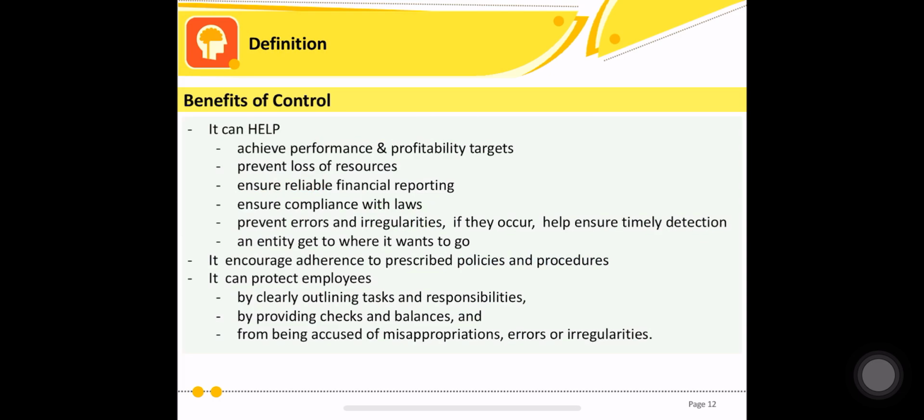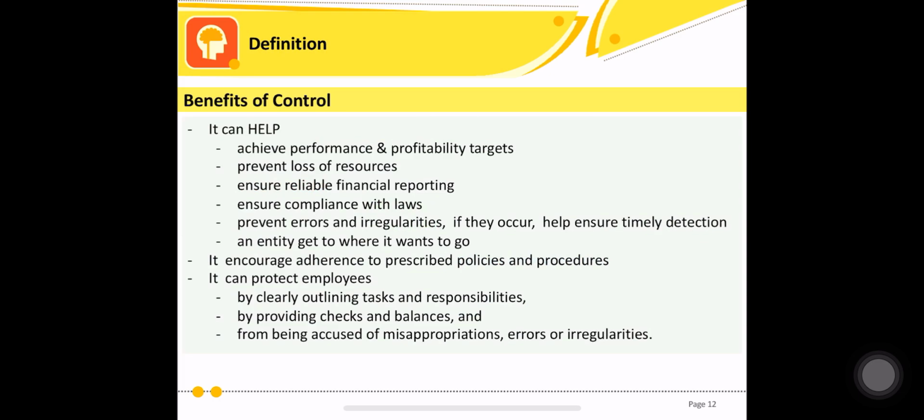And of course, not all companies earn, which is why there is bankruptcy and closure, especially now that we're in the COVID-19 pandemic. We need to have controls to mitigate this. So, in the long run, it can help the company achieve its performance and profitability when it mitigates the risks, therefore, it achieves the objective.